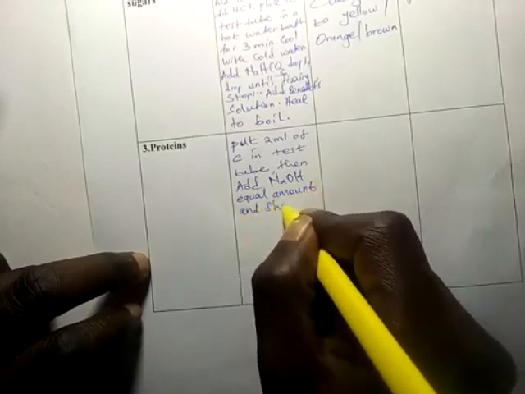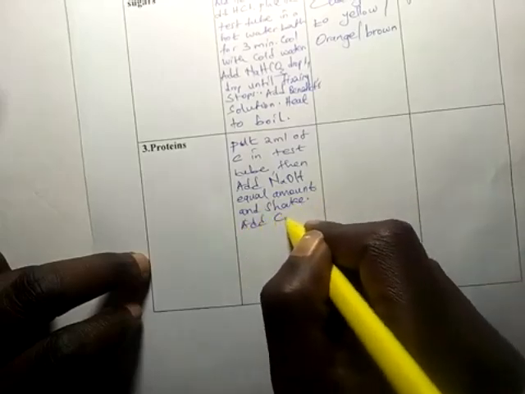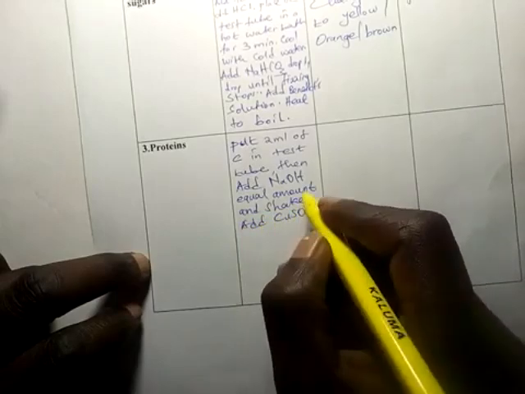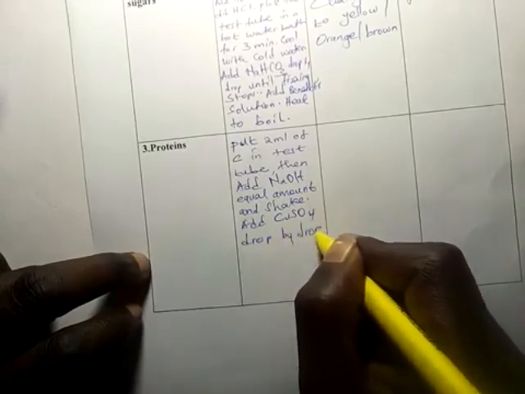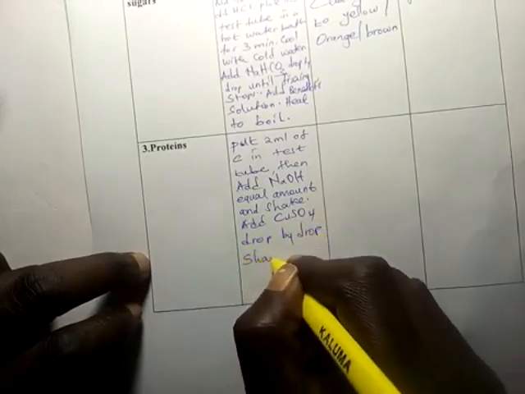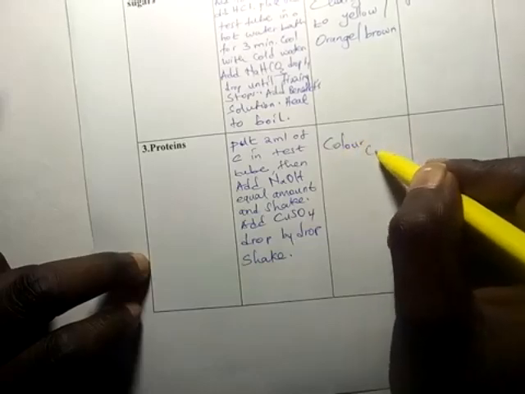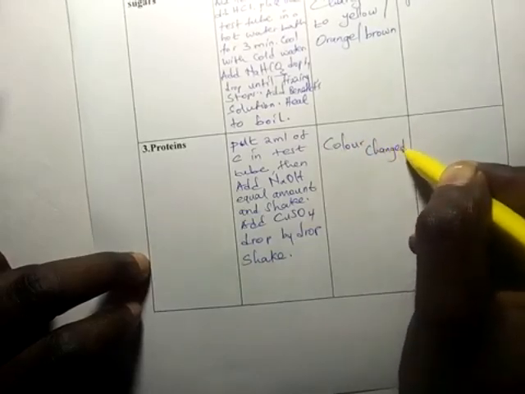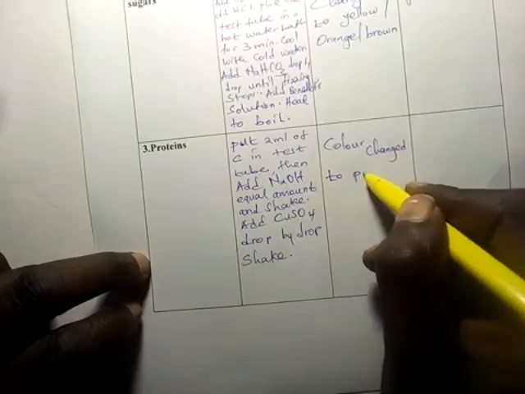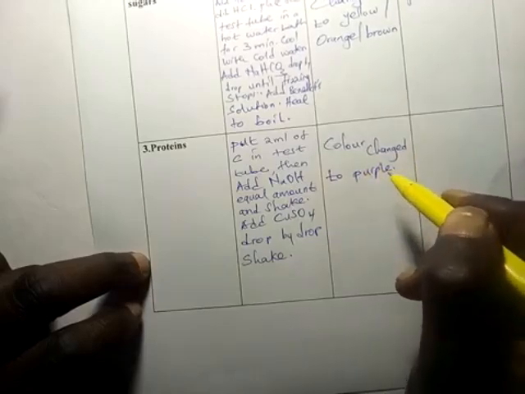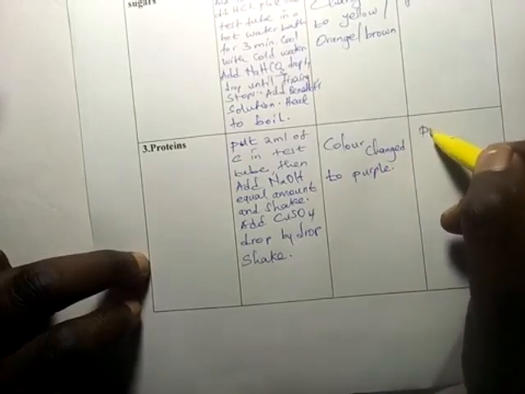Then add copper II sulfate drop by drop. Then shake. Then you observe the color. Here the color changed to purple. Therefore, proteins were present.